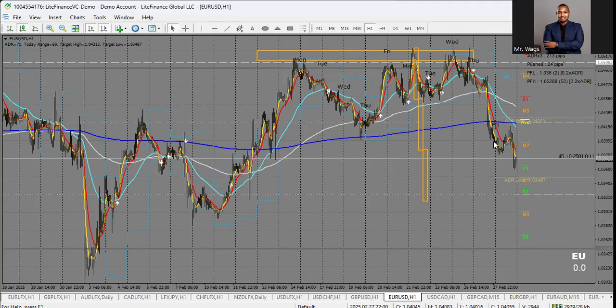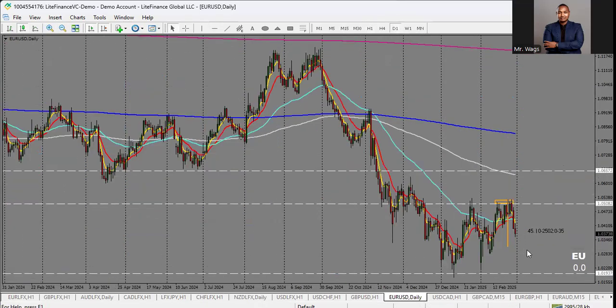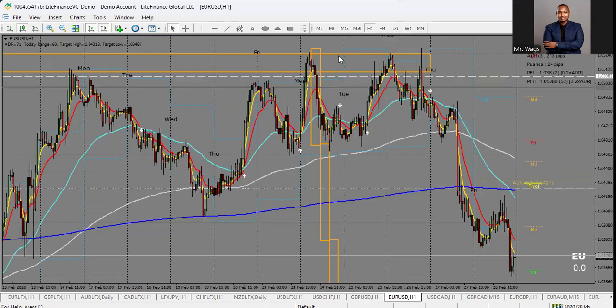I'm expecting price to complete this large quarter, to reach this point, and that confluence goes along with the downtrend movement that has been established on the daily time frame. So if on Monday the market decides to have a false move, as that's what we expect on Monday.